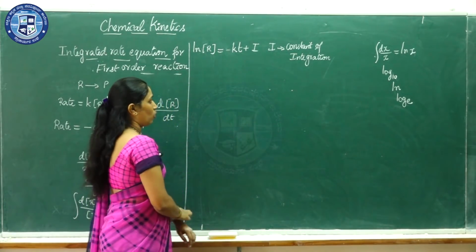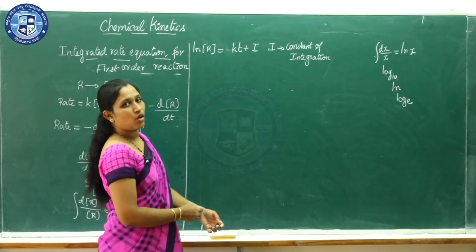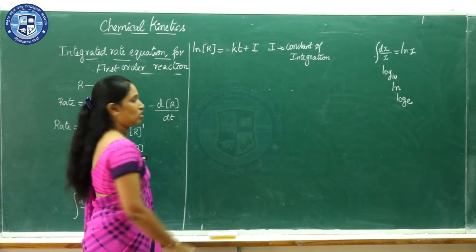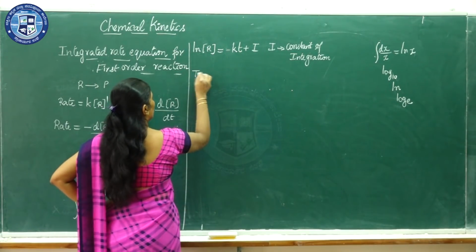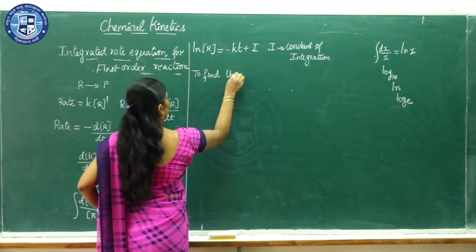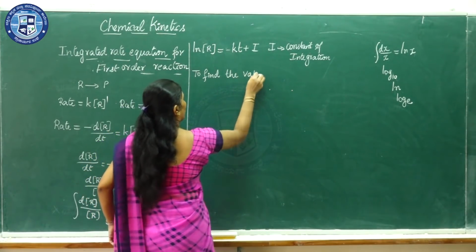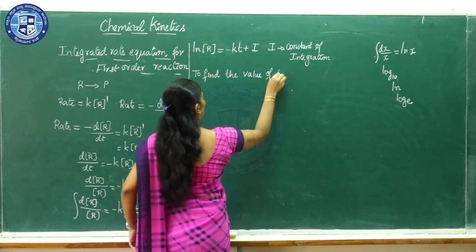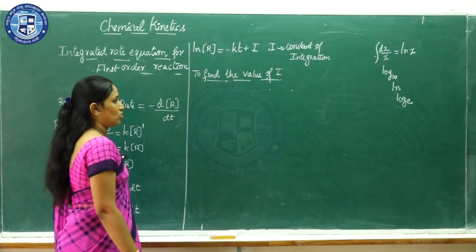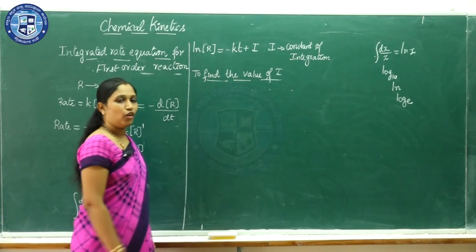Okay, now as I told you in the previous case, you have to find the value of I. So we will write here, to find the value of I. So how do you find the value of I?